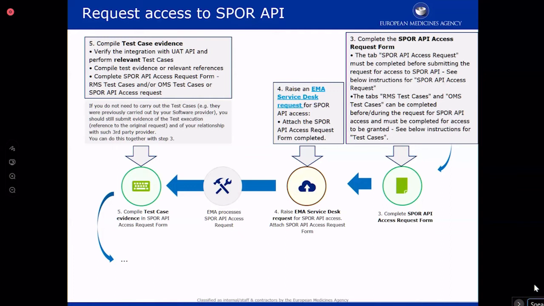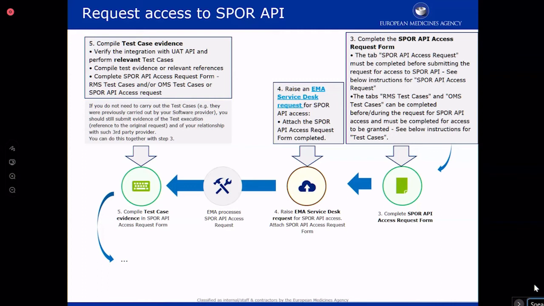You have to raise an EMA services request and attach the SPOR API access request form. And then you need to compile the test evidence, and once it's finished, attach this form to the original ticket, and then we will take it forward and process it.